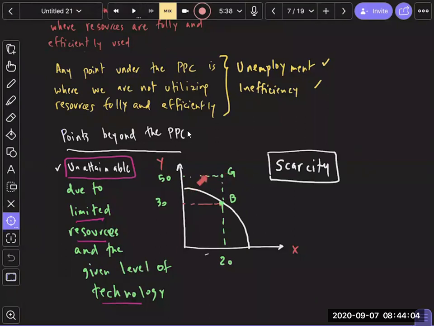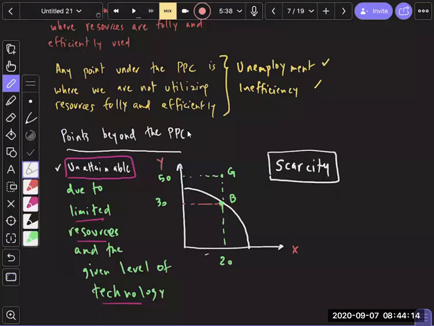So G is telling us scarcity. Yes, Imra, exactly what I'm saying. G is telling us scarcity because scarcity means that resources are limited. Does that make sense, guys? Any questions? Do we have any questions?